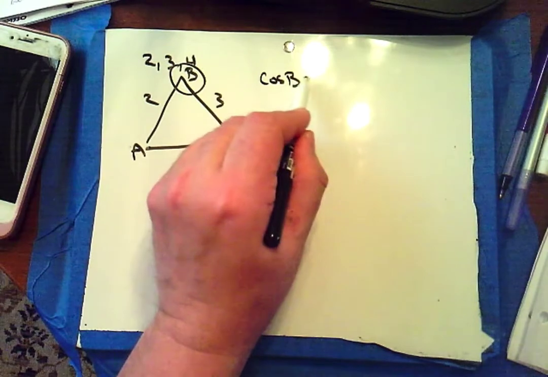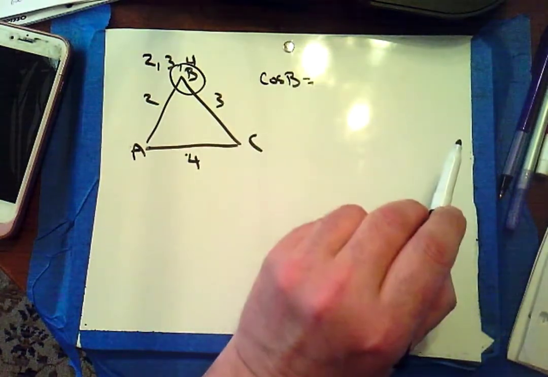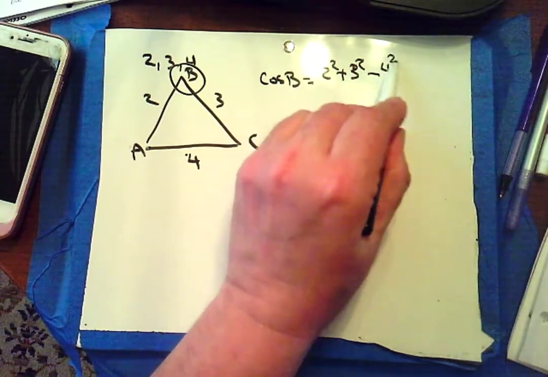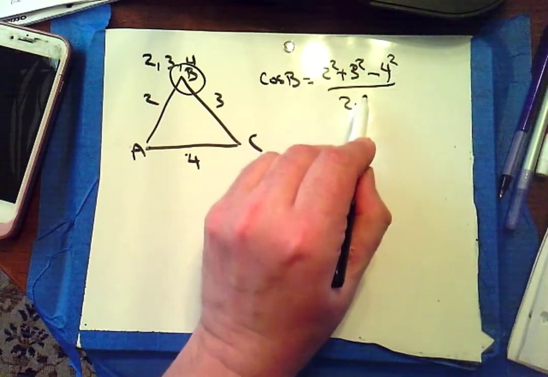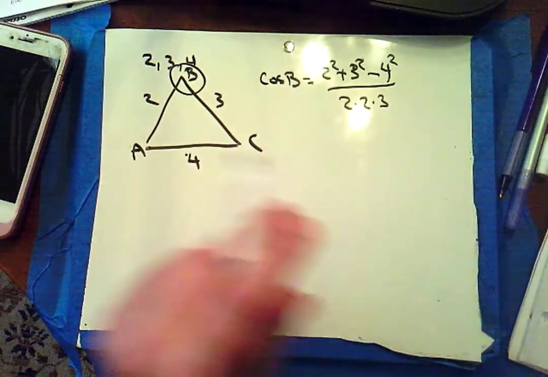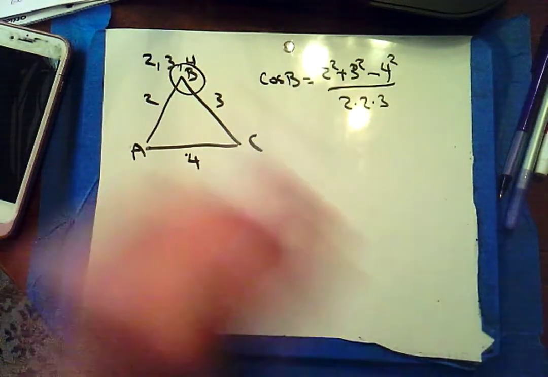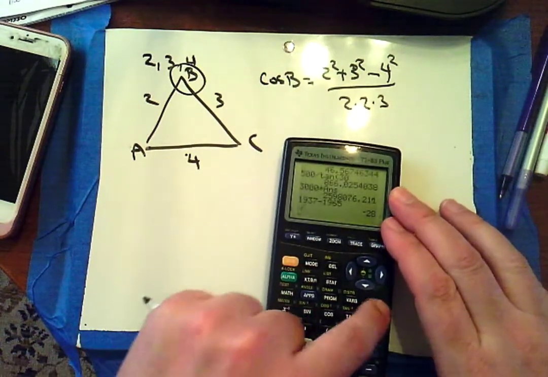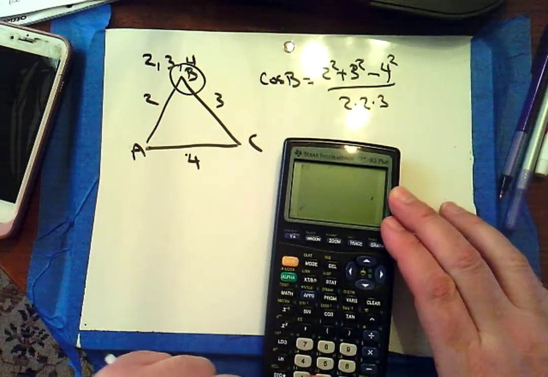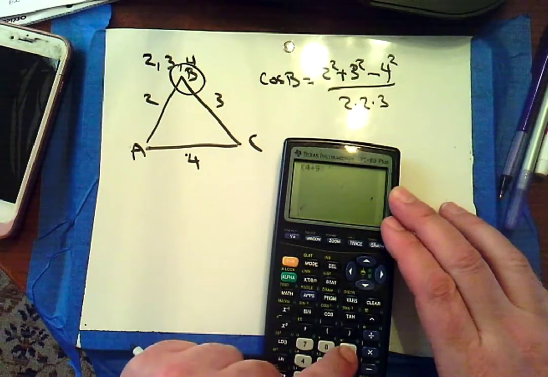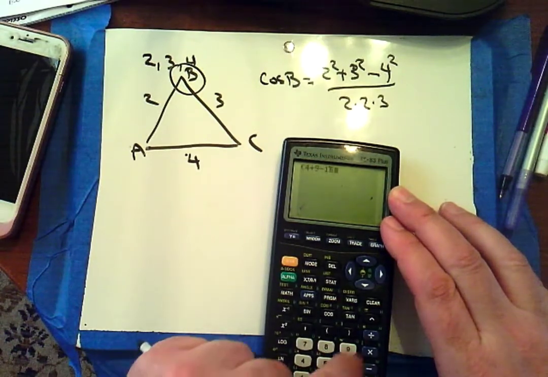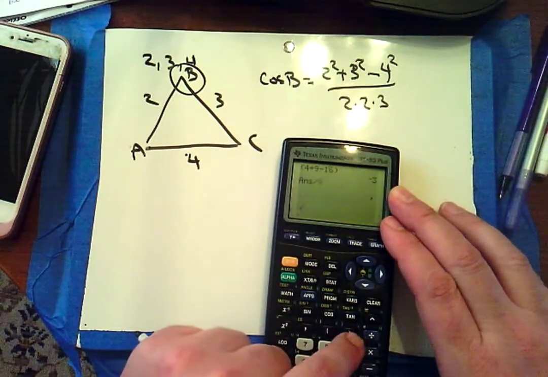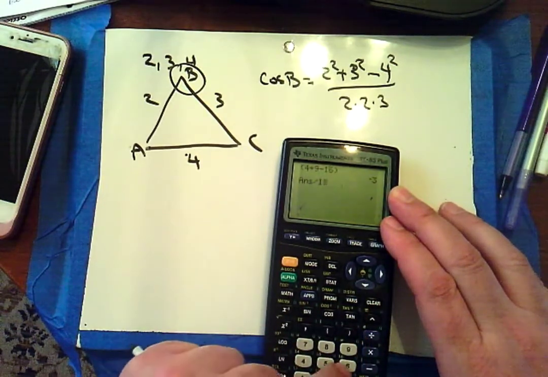Cosine B equals 2 squared plus 3 squared minus 4 squared over 2 times 2 times 3. And when I do that, I get 4 plus 9 minus 16, negative 3, divided by 4 times 3 is 12.